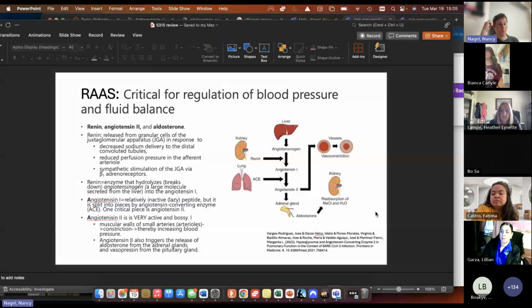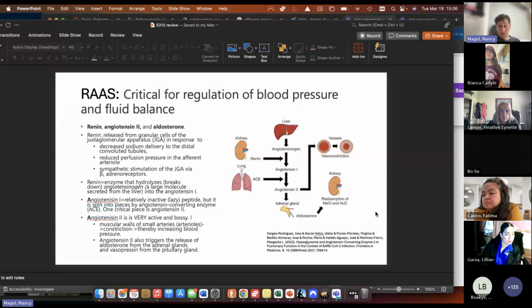Angiotensin 2 really is a very powerful vasoconstrictor, and by vasoconstriction, it increases our blood pressure. It also triggers the release of aldosterone from the adrenal glands, as well as vasopressin from the pituitary gland. Vasopressin in and of itself is quite a vasoconstrictive hormone in its own right.